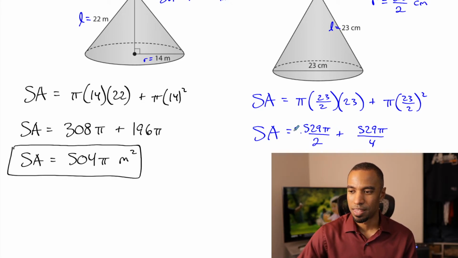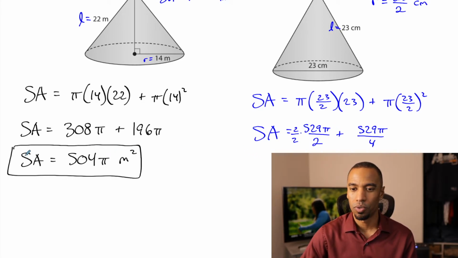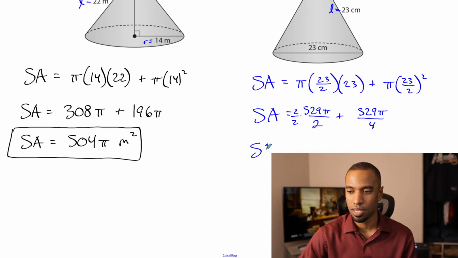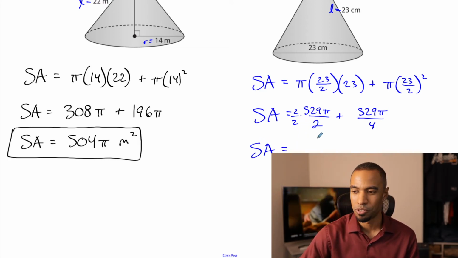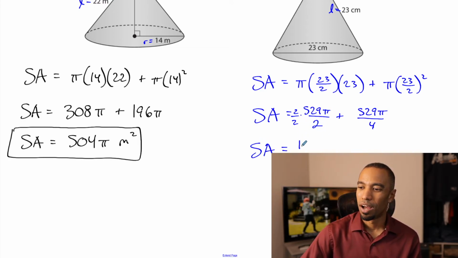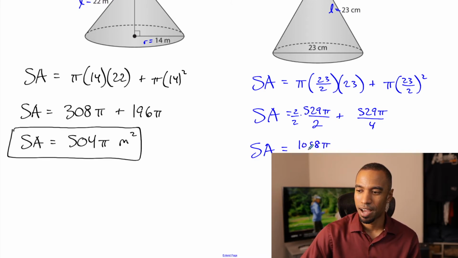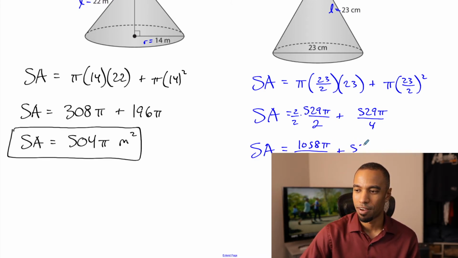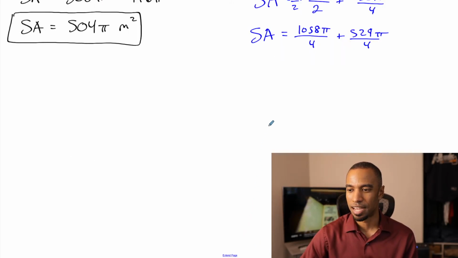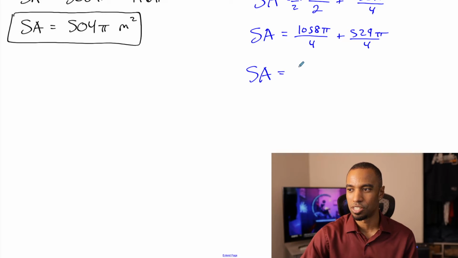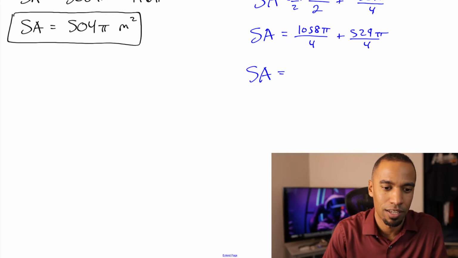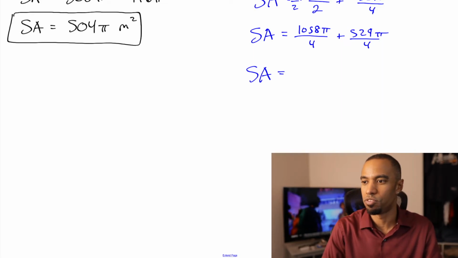So now we got to multiply this guy here by 2 over 2. This is probably where you're saying, I use the calculator for decimals. No. 1058 pi over 4 plus 529 pi over 4. And the best exact answer with regard to fractions here, 1058 plus 529 gives me 1587.